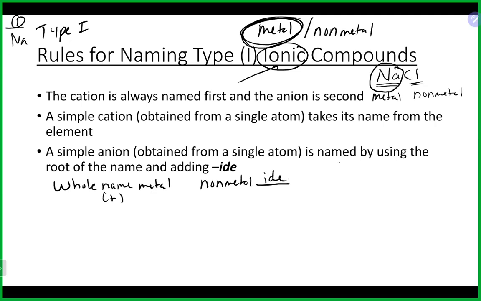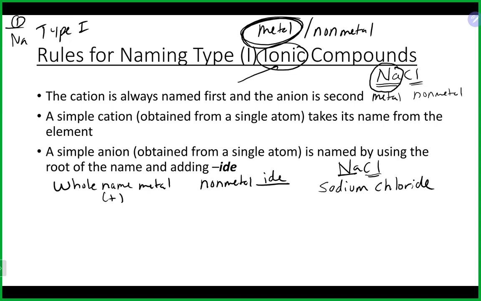So if I come back to my NaCl and do my thought process there, as soon as I see it's type 1, it's ionic, I'm just going to go, Na is sodium, so I'm just going to write the whole entire name. And the Cl goes from chlorine to chloride, IDE at the end. And that would be my name, sodium chloride in that case. That's it. I don't have to figure out anything else.